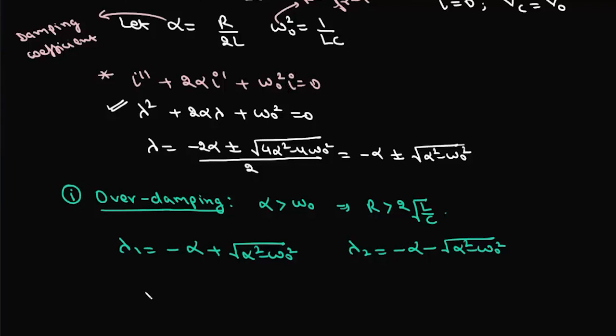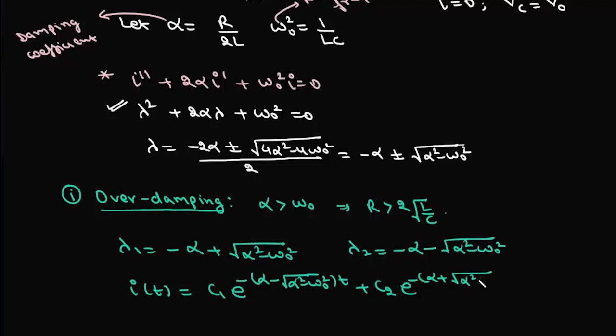So in this case, I(t) will be given by C1 e to the power lambda 1 t, so there will be e to the power minus alpha minus under root of alpha square minus omega naught square t, plus C2 e to the power minus alpha plus under root of alpha square minus omega naught square into t.